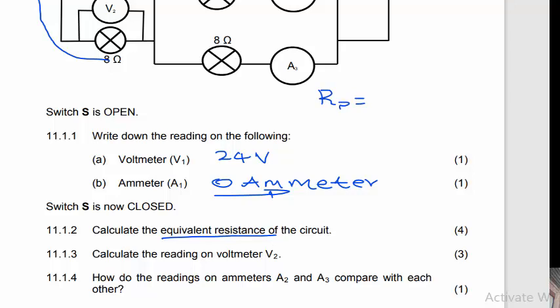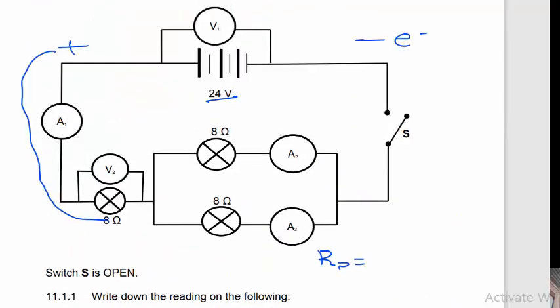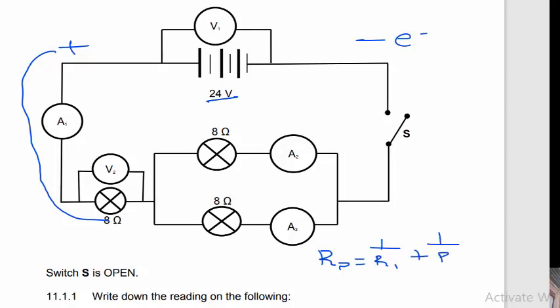So for R parallel, if you check your formula sheet, you will find that the formula goes something like this: 1 over R parallel equals 1 over R1 plus 1 over R2. So this is basically the formula. We know our R1 and R2, so now we are quickly going to substitute the information accordingly.